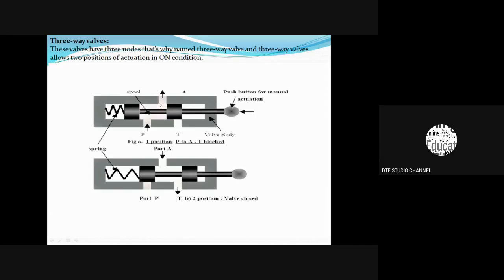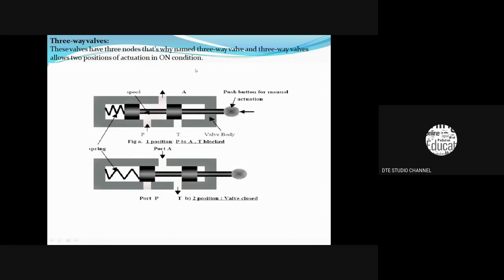Pressure port and working port are both open, whereas T is closed. This is the first position. In the first position, fluid flows from P to A. A connection is made between the pump pressure port and the working port.